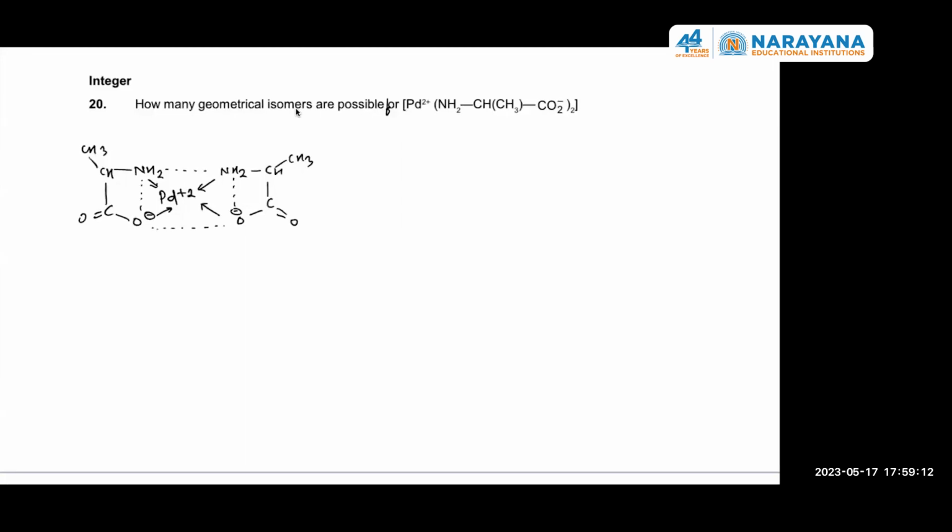Okay, so this is the case in which the ligand NH2 is in front of NH2, O- is in front of O-. So this is like a cis case. And we can also invert one of the ligands from the right-hand side or the left-hand side.